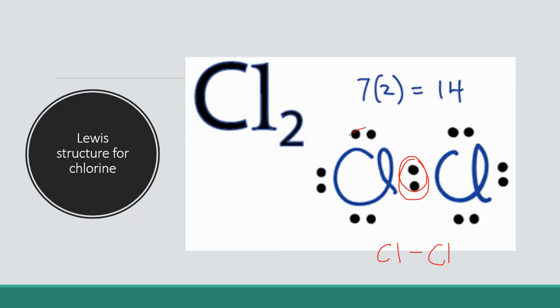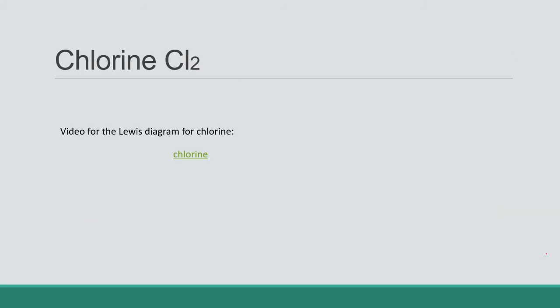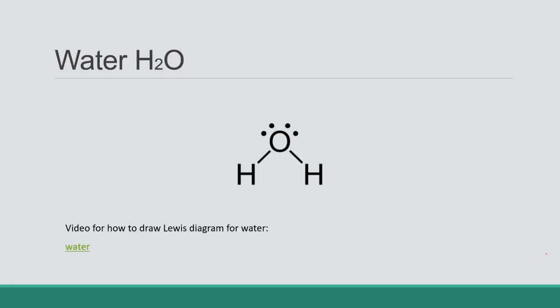And these non-bonding electrons, now students often forget to put in the non-bonding electrons, but they're really important because chlorine has to have a full octet. It's got to have access to 8. Each atom has a full octet. So just draw the dots, always remember the non-bonding electrons. Okay, so there's another video for you to look at about chlorine.